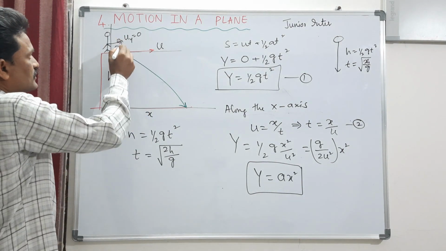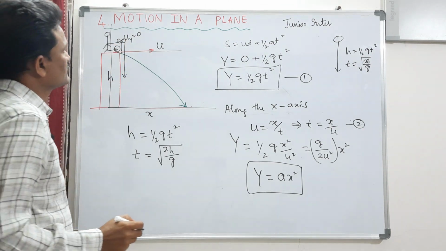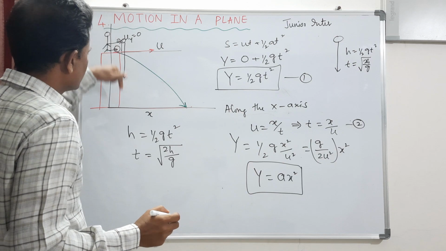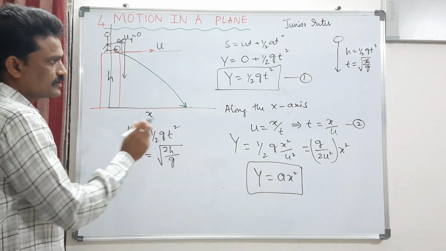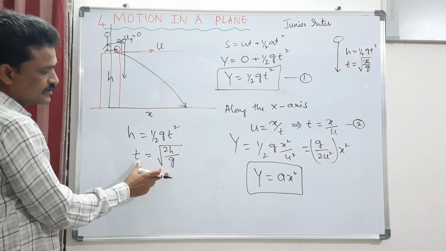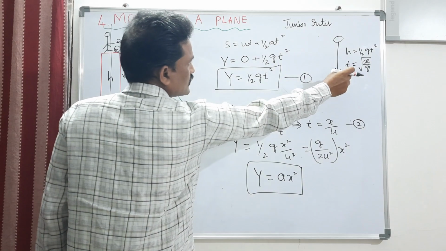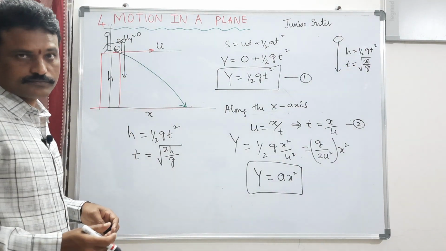Simultaneously, with your hand, you drop another identical ball downwards. Both balls will reach the ground at the same time, because for the first ball the equation for time period is t is equal to under root 2h by g. Even for the second ball, the same equation holds good.